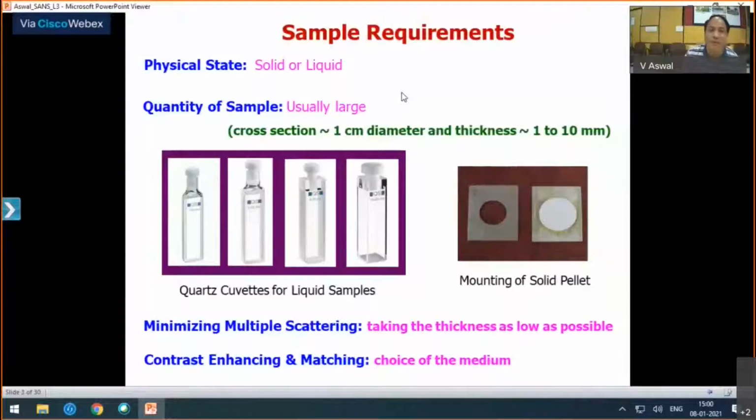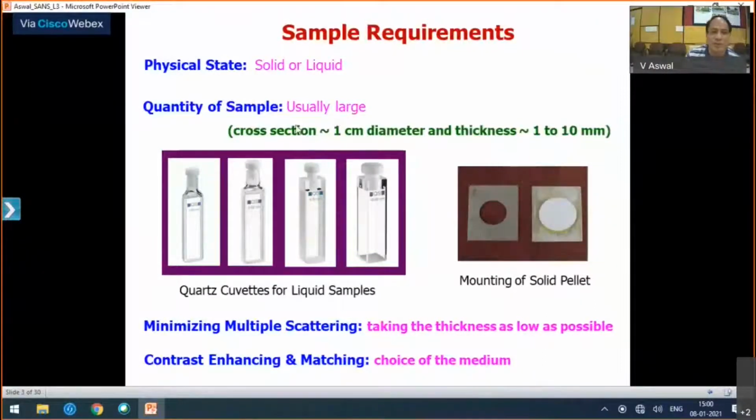So when you do small angle neutron scattering experiments, there are some sample requirements. It's very important to know about them. One thing is that you can measure both solid and liquid samples. And unlike other techniques, even X-ray and microscopy techniques, the requirement of sample in the case of neutron scattering is large.